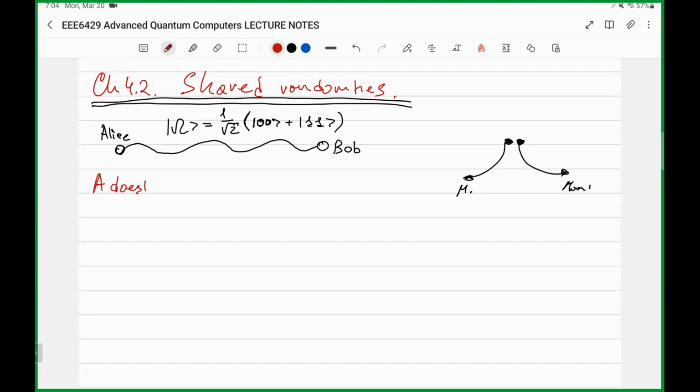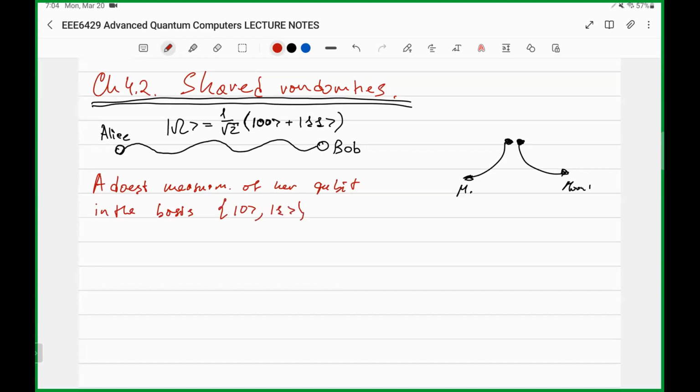Then Alice does the measurement of her qubit, for example in the basis 0, 1.